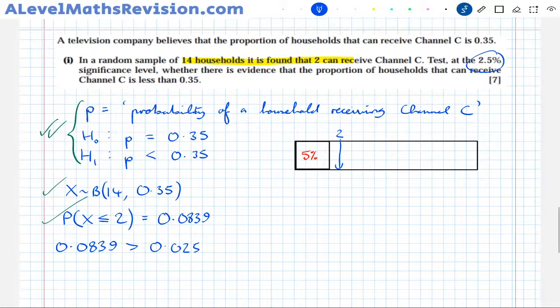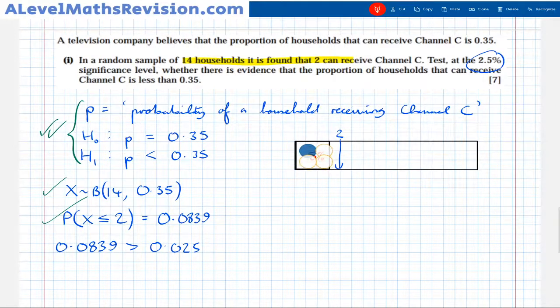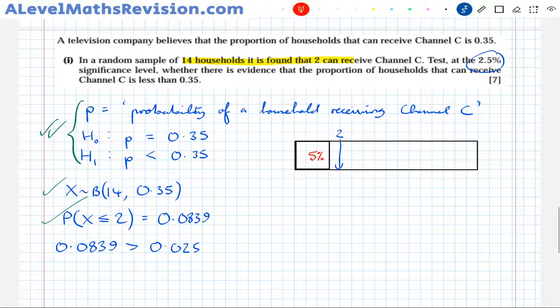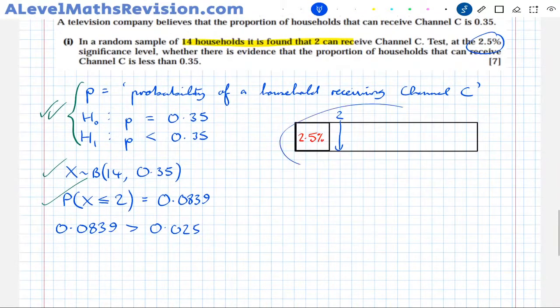So actually I'm going to have to correct this now. So that should have said 2.5%. There. But I am right in saying that here. Luckily, this diagram isn't worth any marks. I just think it helps understand what's happening.